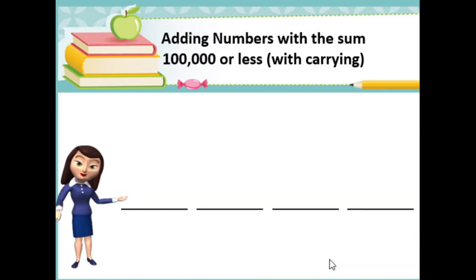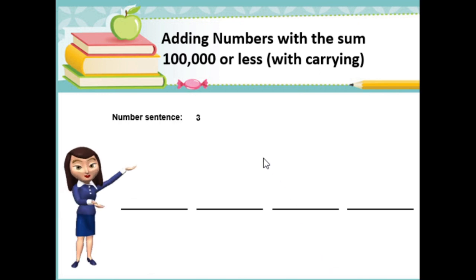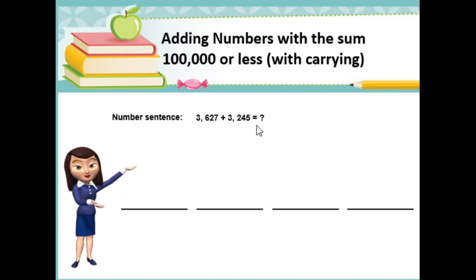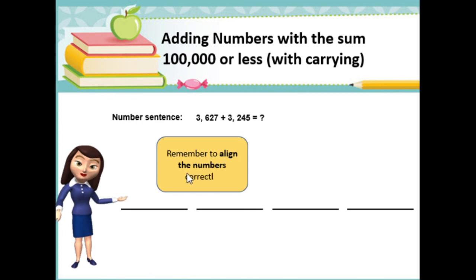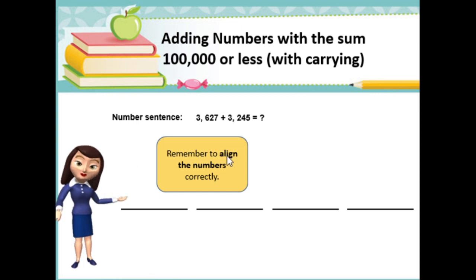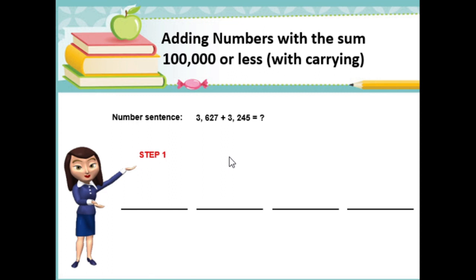So let's see. Our number sentence is 3,627 plus 3,245. Remember to align the numbers correctly. Make sure that numbers are arranged properly to get the correct answer.